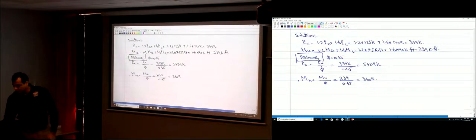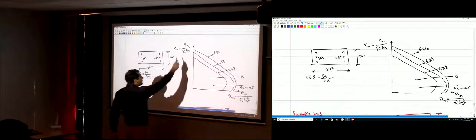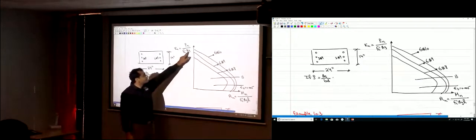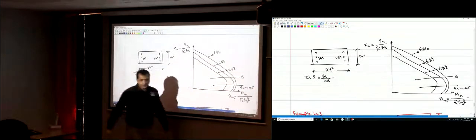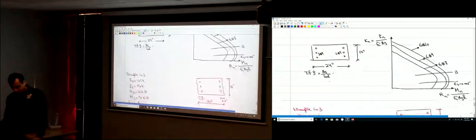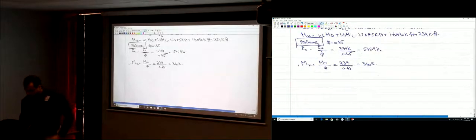To use these curves, we need to normalize Pn and Mn. Normalize Pn by Fc prime and area gross, and normalize Mn by Fc prime, area gross, and H. So let's do this normalization. Kn is Pn divided by Fc prime area gross.